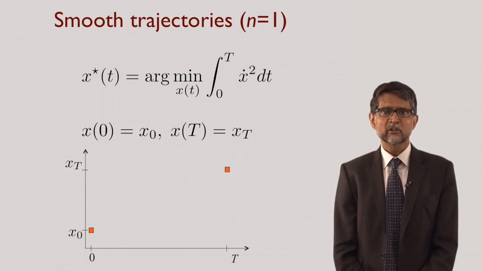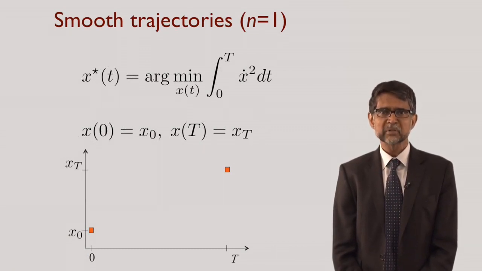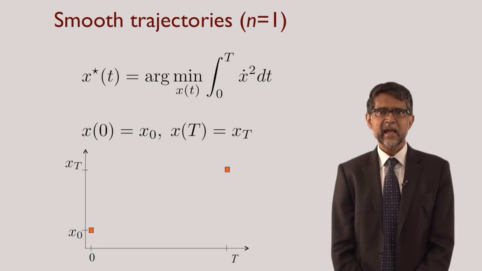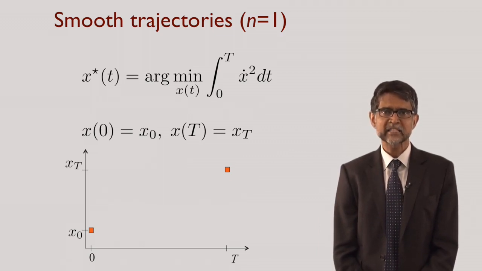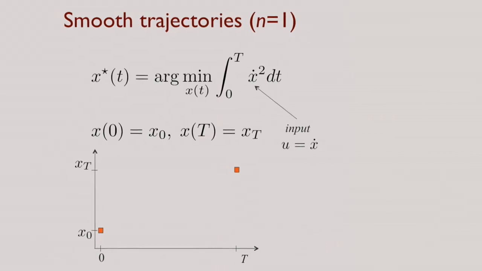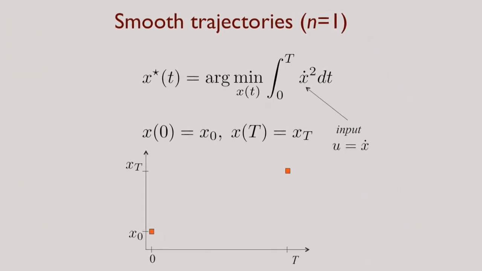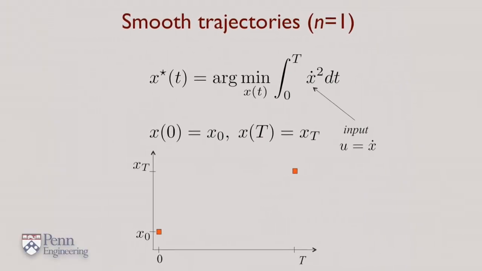Let's look at the Euler-Lagrange equations for the simplest setting. Again, you're specified x at time 0 and you're specified x at time t. Let's take the functional to be the integral of x dot squared. In other words, the input is simply the velocity. We're going to try to minimize the square of this input, or the square of the velocity, integrated through the entire trajectory.